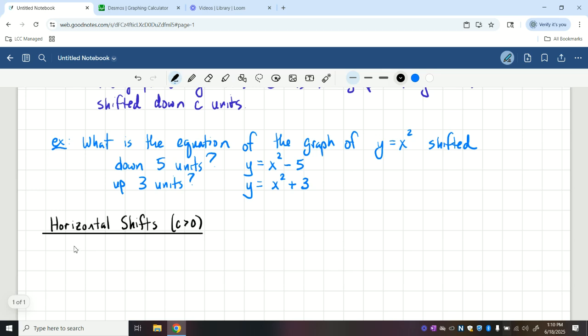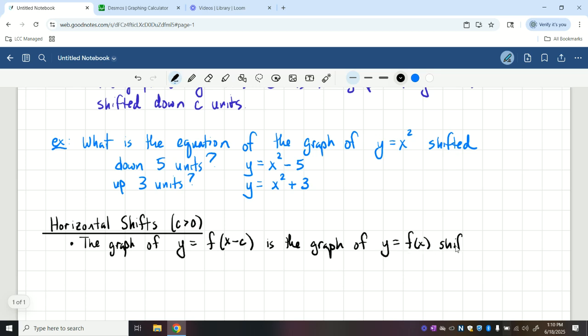Alright, so the graph of y equals f of x minus c is the graph of y equals f of x shifted to the right c units.